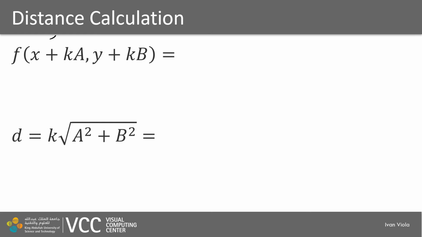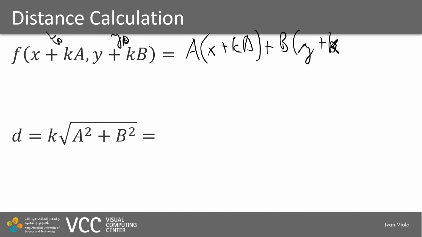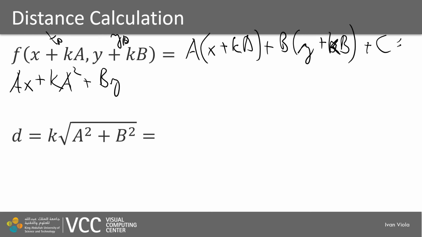So this is xp, this is yp, and if we put it into the equation, then we have a times x plus ka, plus b times y plus kb, and plus c, of course, and this equals ax plus ka squared plus by plus kb squared plus c.